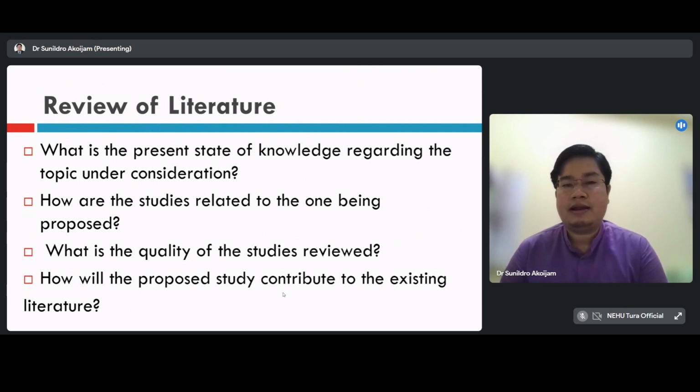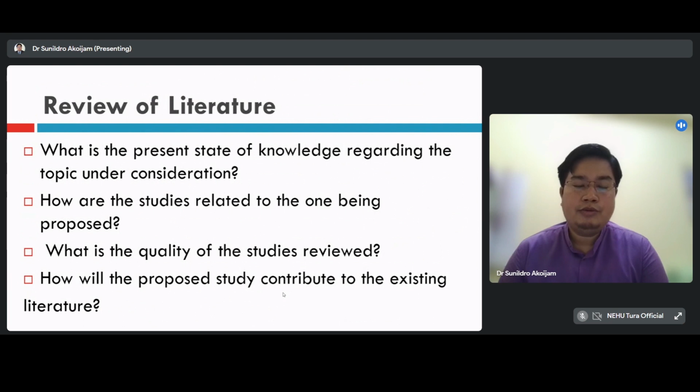And then you have to justify, after identifying the research gap, how your proposed study will bring in new or added value to the literature. Okay, and when we talk about literature survey, it takes a huge amount of time.